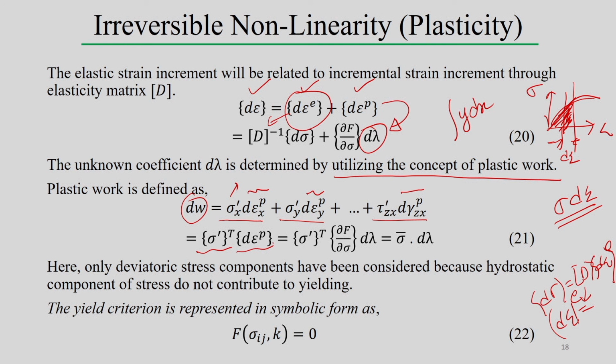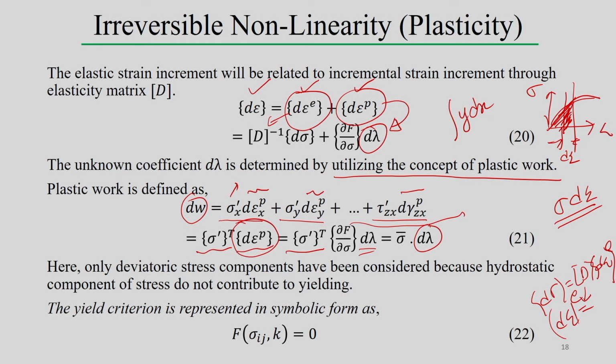Now, sigma dot transpose and d epsilon p, that we have seen already, d epsilon p we can see is delta F by delta sigma into the plastic multiplier. That is equal to sigma bar into d lambda.